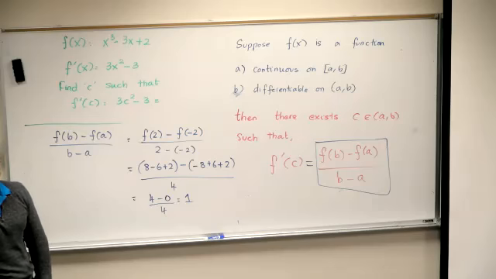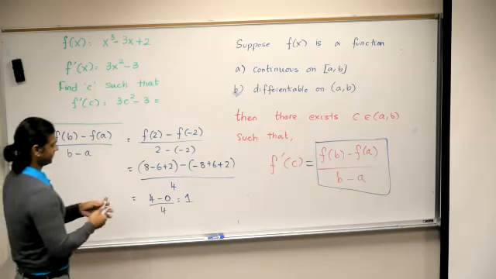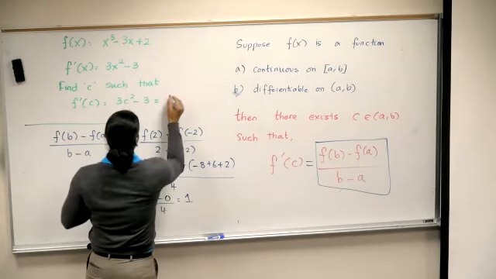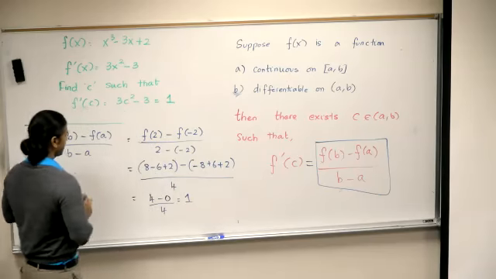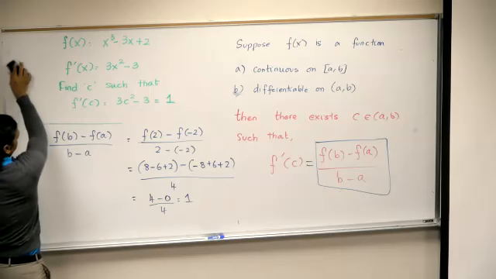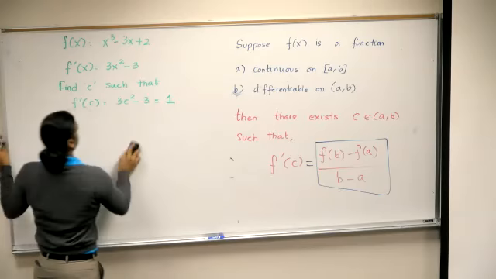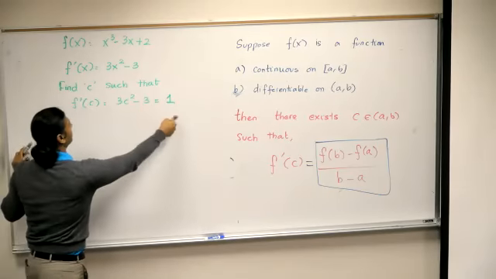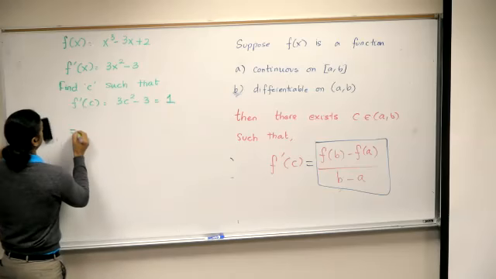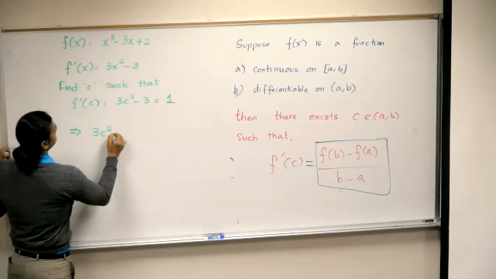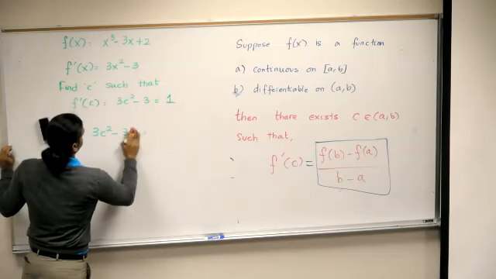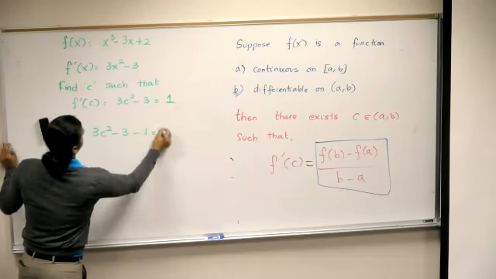You should set it equal to the derivative. So we want to find a c so that 3c squared minus 3 is equal to 1.